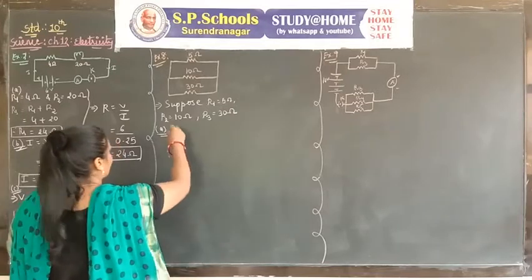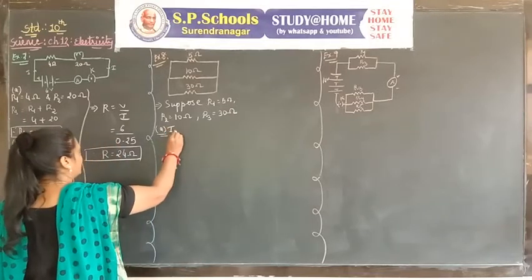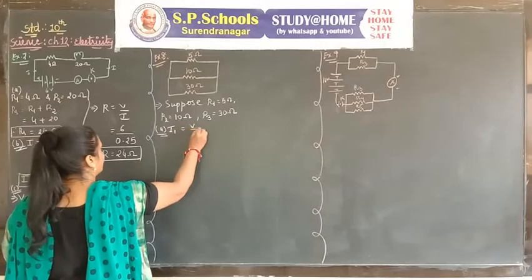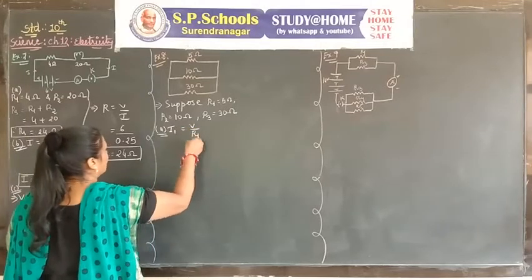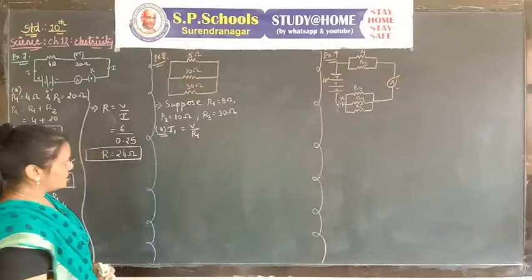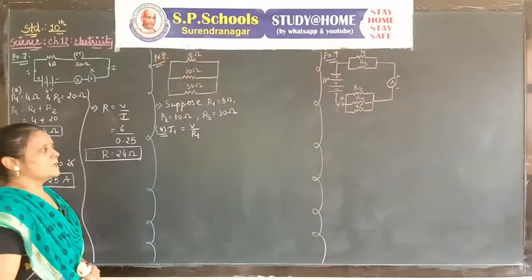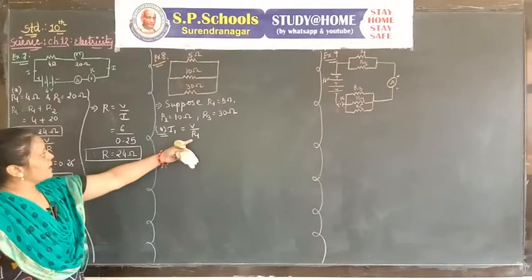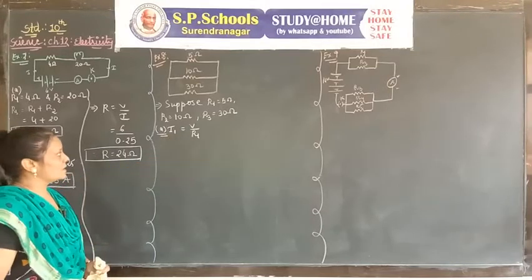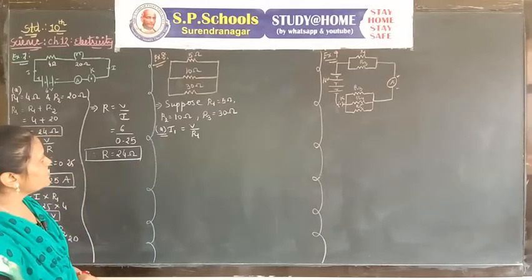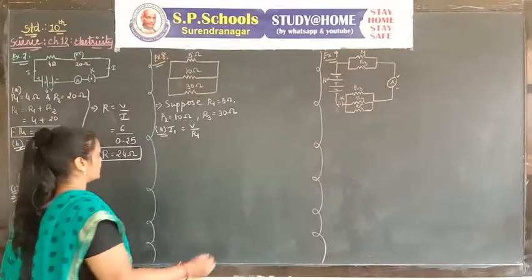In case of I1, I1 is equal to V upon R1. There is one printing mistake in the digest here: it is I1, not R1. I1 is equal to V upon R1.